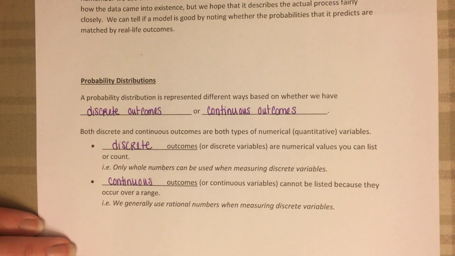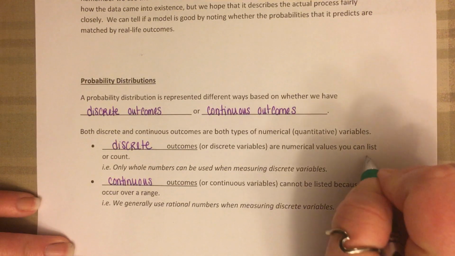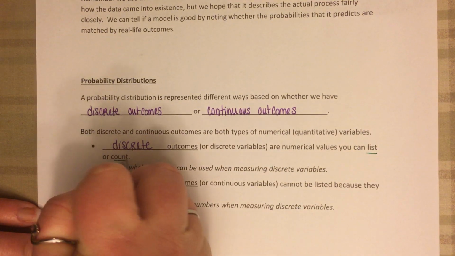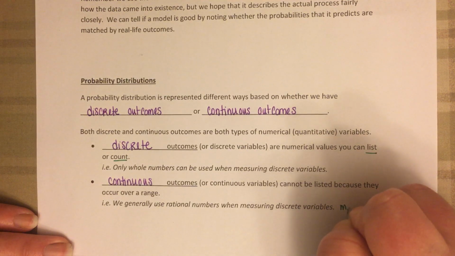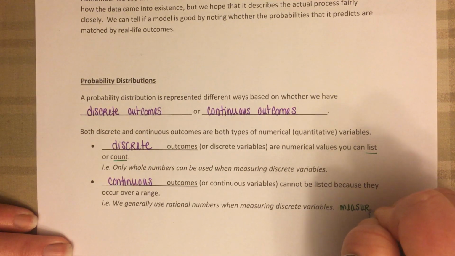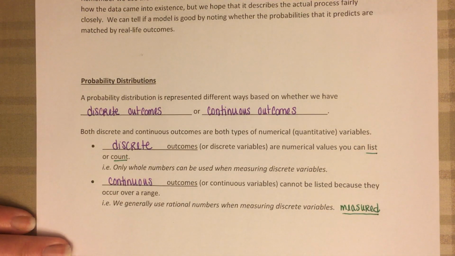So when we're thinking about continuous outcomes, we generally use rational numbers. We could use fractions or decimals. These are generally things that can be measured. So discrete variables are ones that we can list or count, and continuous variables are ones that we think about as being measured. That's the big difference between those two.